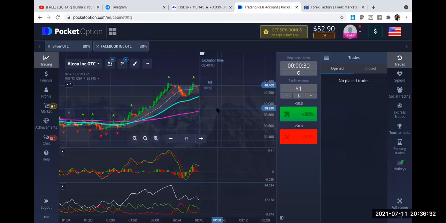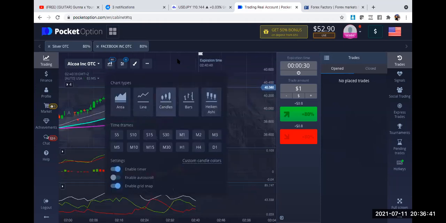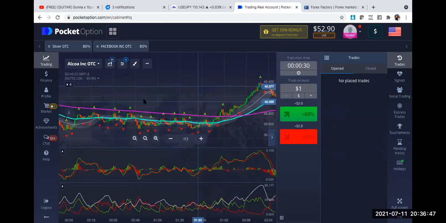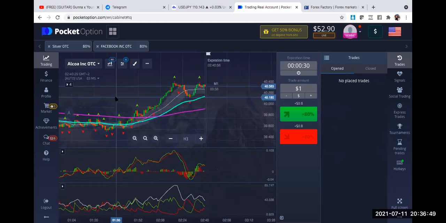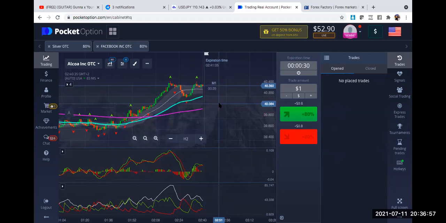Okay. So I'm on a 1 minute Alcoa Inc. I'll give you some regular candlesticks real quick and I will zoom out. If I'm taking a look at this, right here, I know we are in an overall uptrend. I also know that we have a double top right here. And don't be afraid to use the indicators.